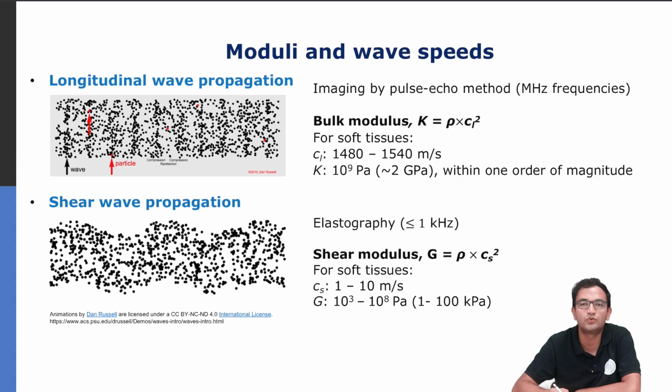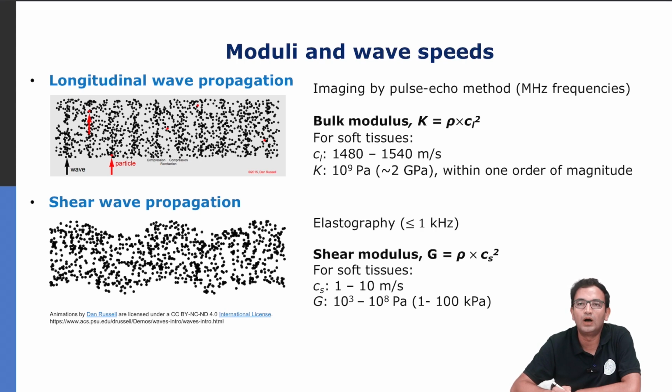The average of soft tissue propagation speeds is 1540 meters per second, and the bulk modulus K, which is determined as rho times longitudinal sound speed squared, is about 2 gigapascal for the soft tissues, and it varies only within one order of magnitude.